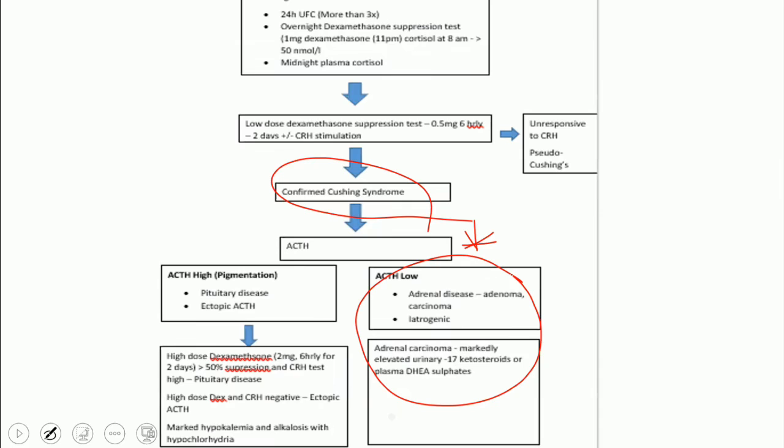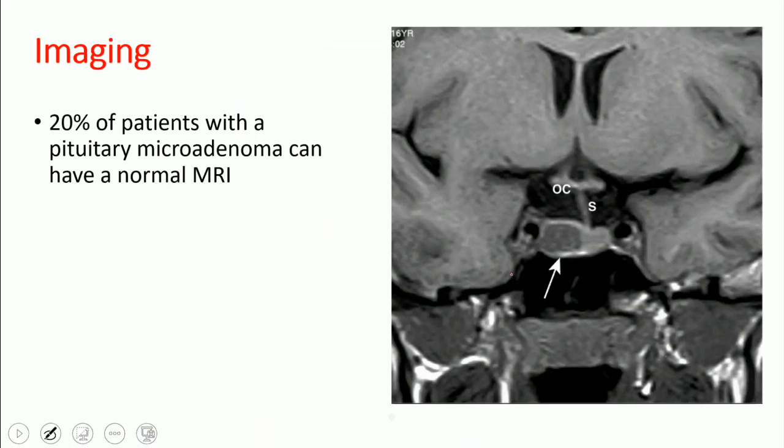But of course, rarely you can get adrenal adenomas that secrete corticosteroids, or adrenal carcinomas that secrete corticosteroids. And there are certain tests like 17-keto steroids and DHEA in the blood and urine that are elevated in adrenal carcinomas.